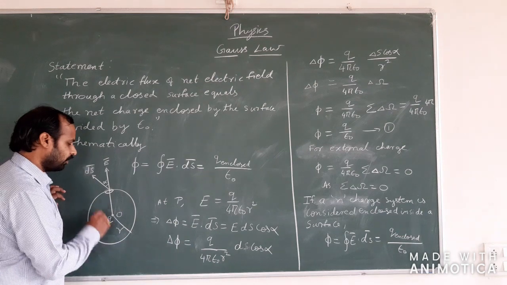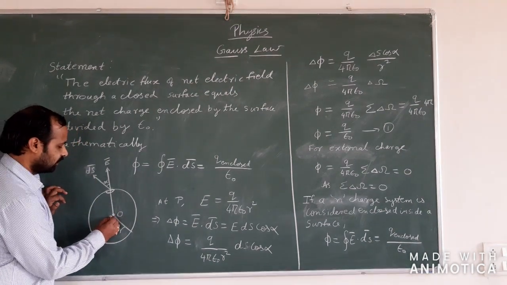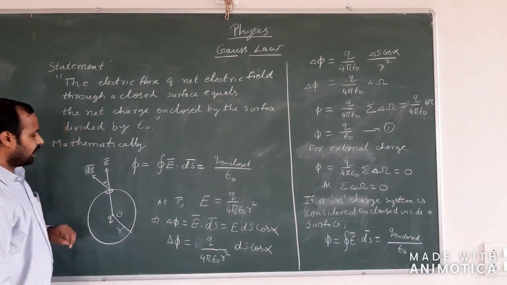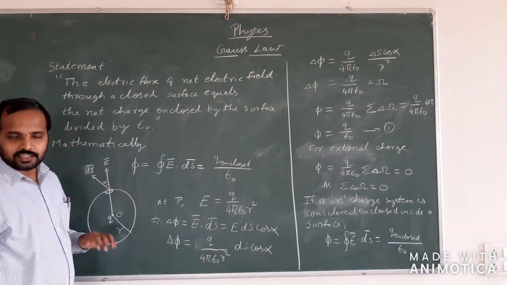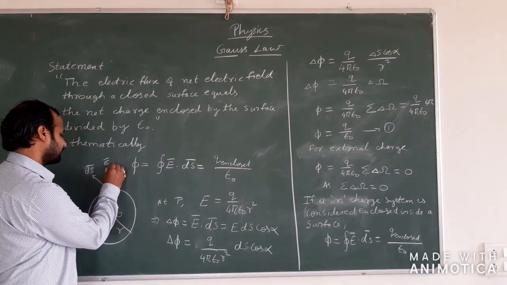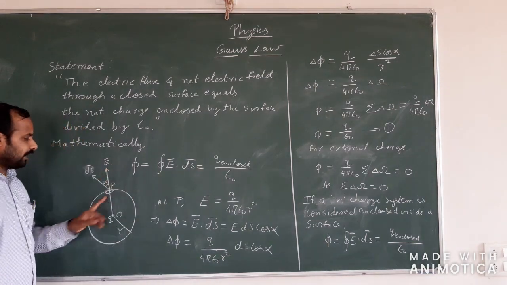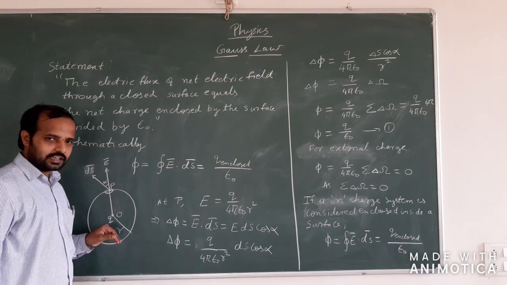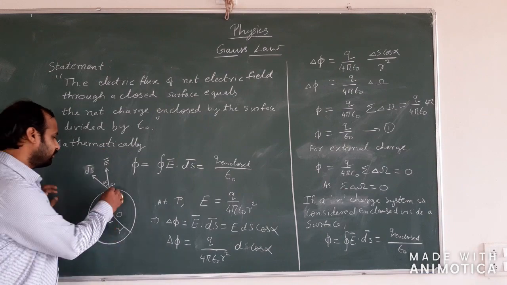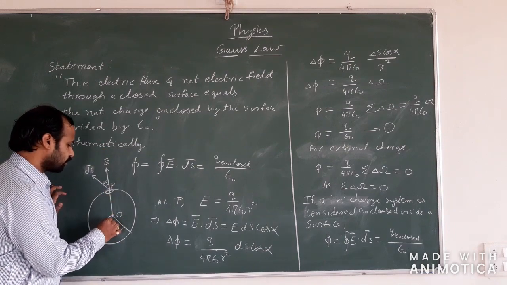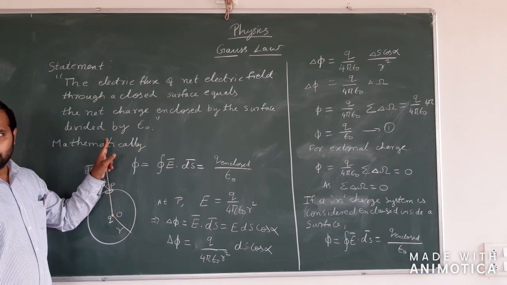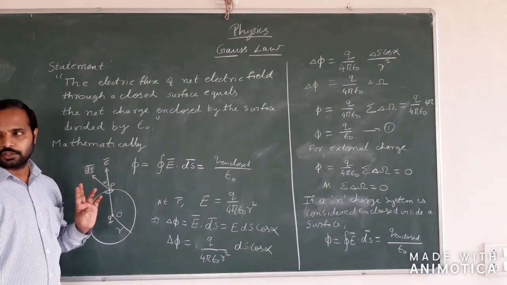Inside the sphere we have taken a charge q at the center, point O, and we look at the direction of the electric field due to this charge at a point P. At point P, the electric field will be in the radially outward direction if we take q as a positive charge, normal to the surface of the sphere.